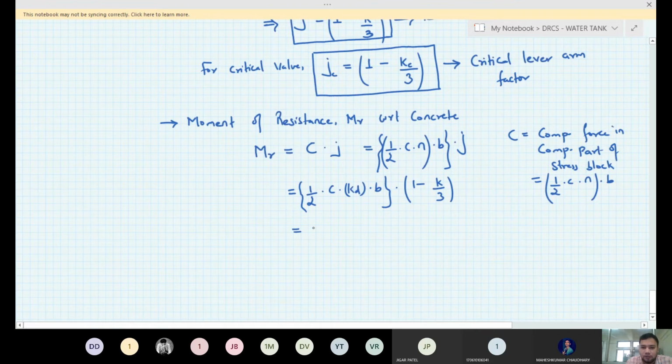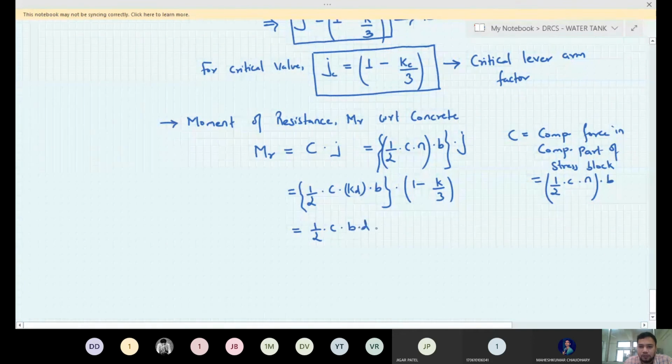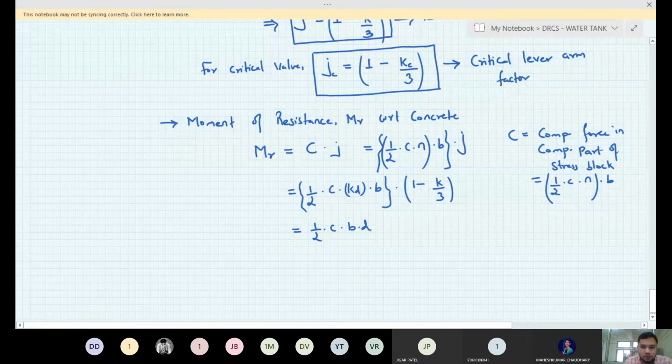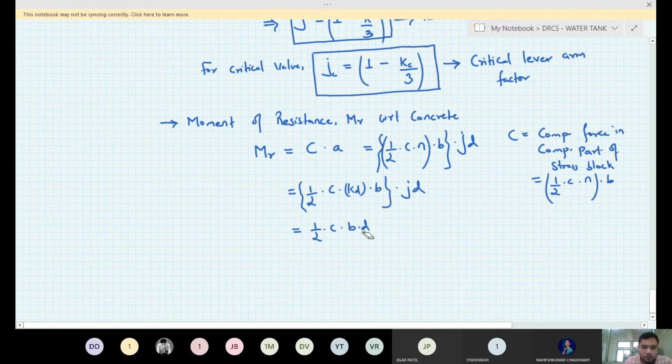So here it will be 1 by 2 into c into k into B into D. Here the lever arm is J into D, so we need not put the value of J, just J into D. So it will be 1 by 2 c into k into J into B D square. This is your moment of resistance.